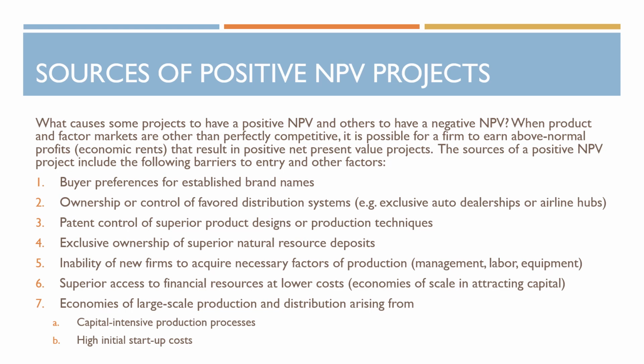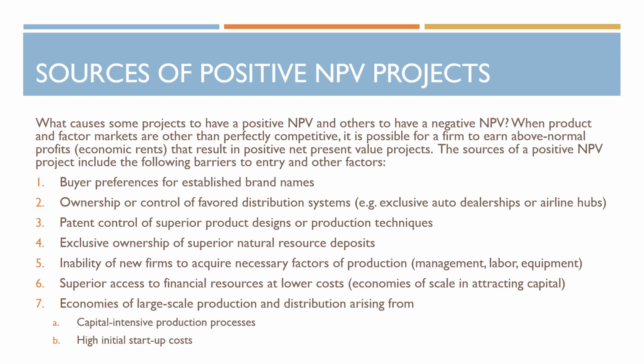If you take control of a distribution system, for example, you exclusively own auto dealerships, or maybe airline hubs that dominate particular locations, you're basically earning all the business within a geographical location. In those cases, again, it makes it easier to get a positive net present value return.